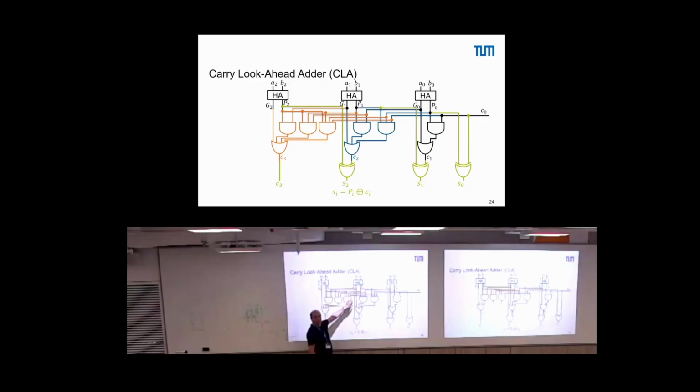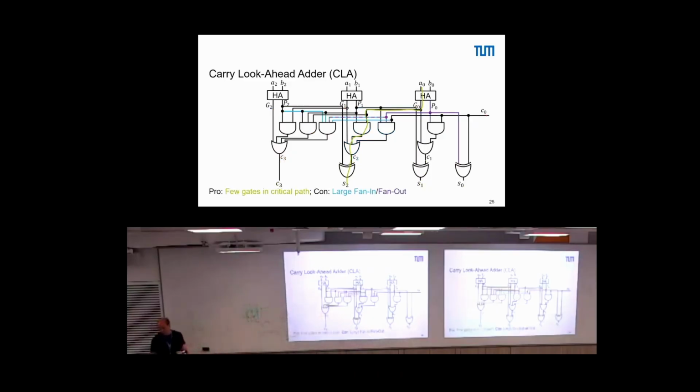Large fan in is also not ideal because we need larger gates. Larger gates means we need to increase the size of the transistors, the width and length of the transistors, just to decrease the resistance. We need to limit the number of inputs to a certain extent and so on. So large fan out is also nothing we want to have.